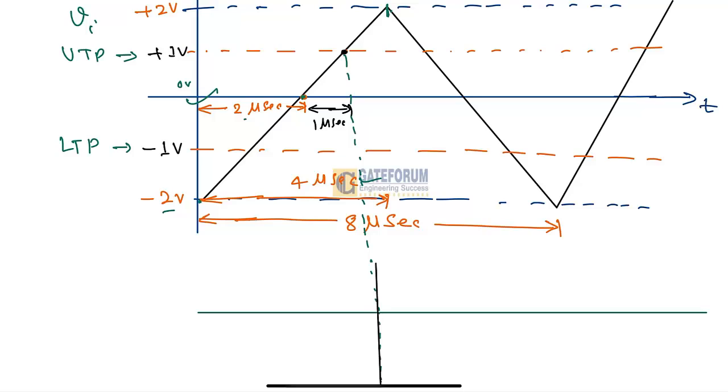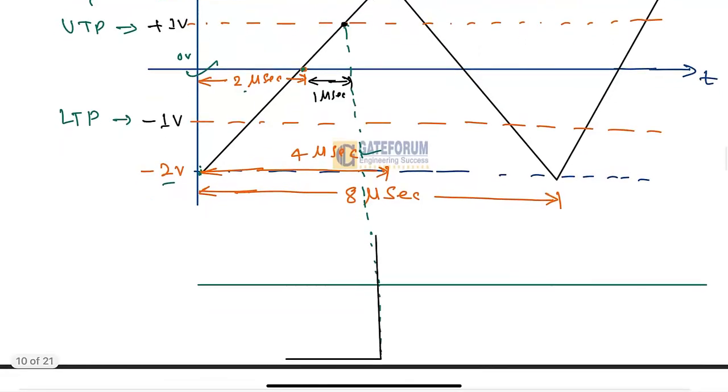So, starting from minus 2 volt at 0 time, to reach plus 1 volt it takes 3 microseconds. At 3 microseconds, VO1 is going to change from minus Vsat to plus Vsat.